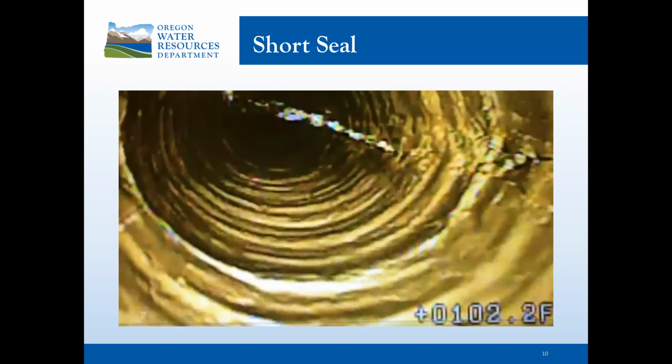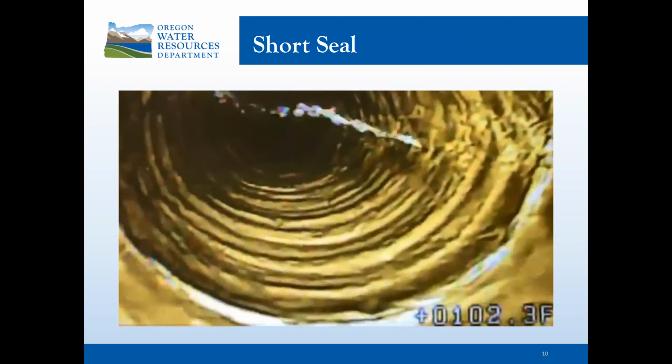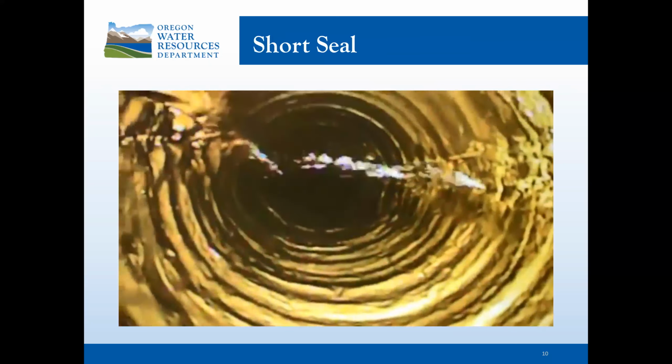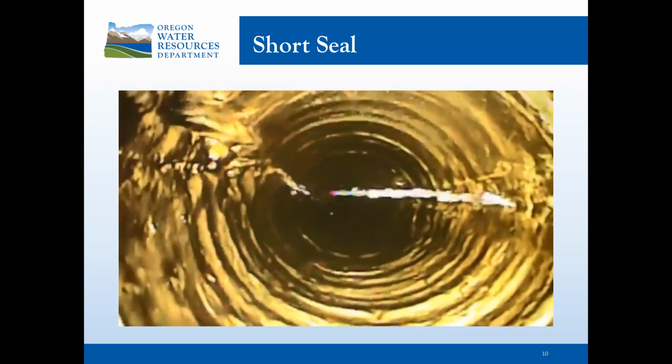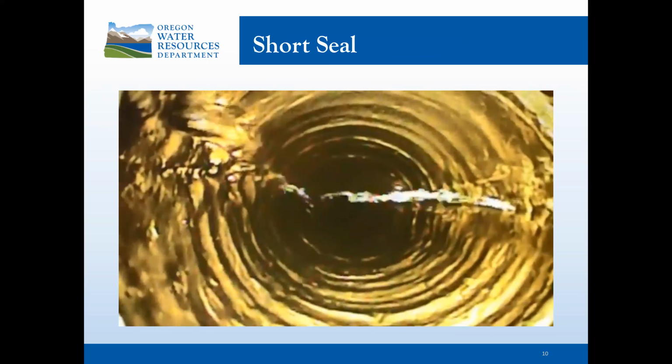This slide right here shows the consequence of a seal not extending to the proper depth and sealing off the shallow water bearing zone. This is known as commingling or cascading water, and is a major violation of well construction rules, and will cause the well to have to be repaired or permanently abandoned.